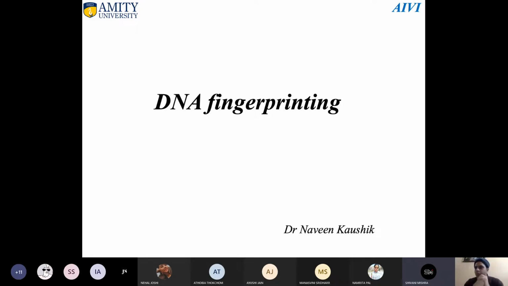So that's why the uniqueness is there in the fingerprints, and we use this term fingerprint with DNA because the uniqueness is also there in your DNA. The sequence of DNA that you have, no two individuals are going to have the same DNA sequence.